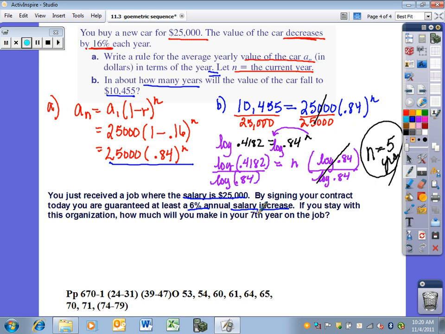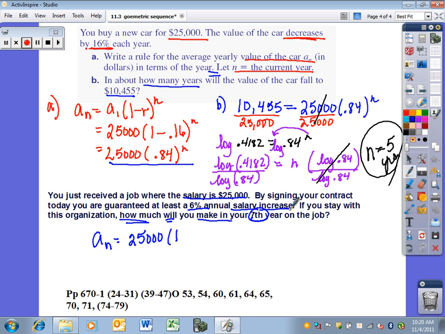If you stay at the organization, how much will you make in your 7th year? Again, this time I'm wondering, what will I have in my 7th year? So I say A sub n has to equal my beginning amount, 25,000, times 1.